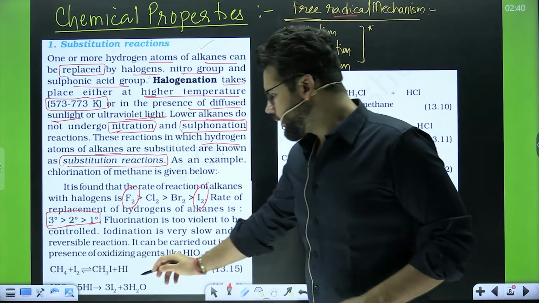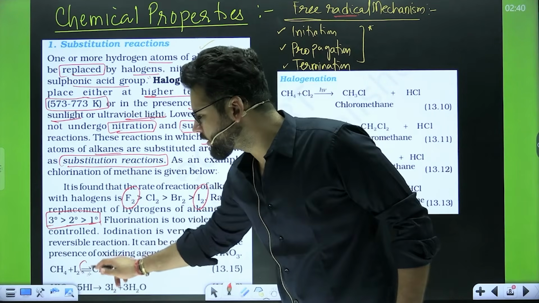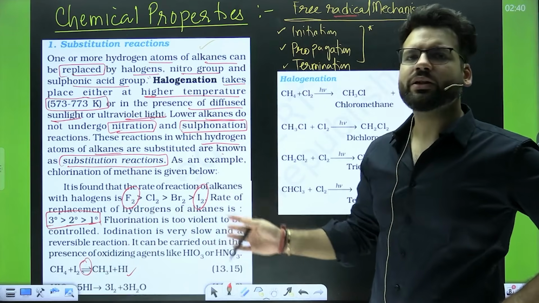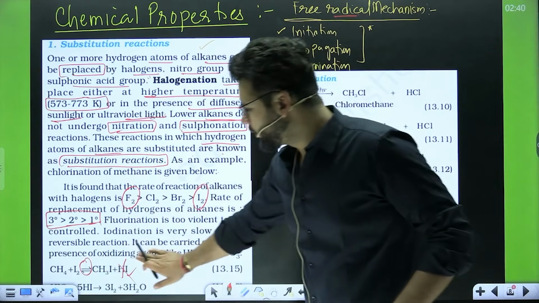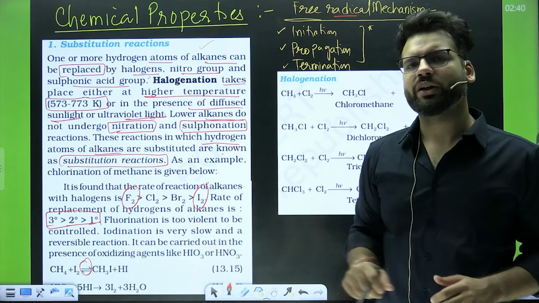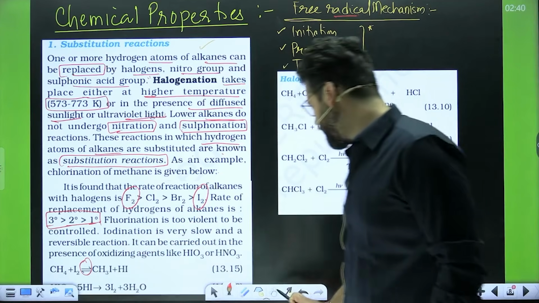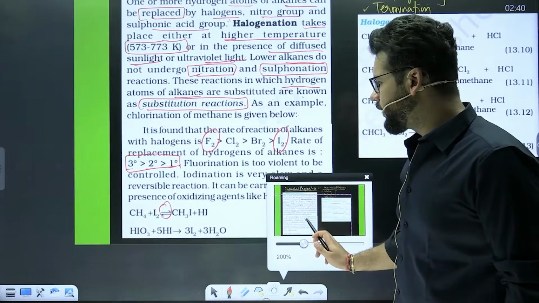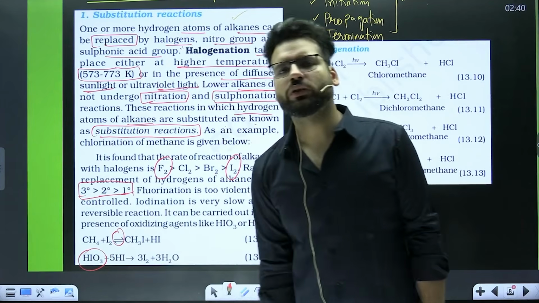Okay, this is about the iodination written. When we do iodination, it's a reversible process. So if I want to send this reaction forward, I need to remove this HI which is formed. Then by Le Chatelier's principle, the reaction will keep going forward if I remove the HI. To remove the HI, we use an oxidizing agent like HNO3, which can remove the HI. Or HIO3 also we can use, which is also an oxidizing agent.